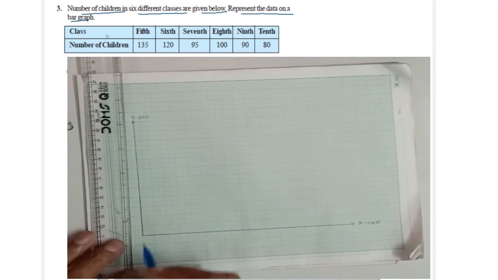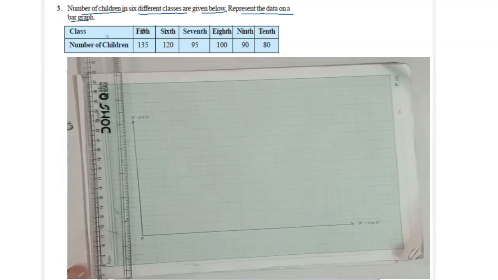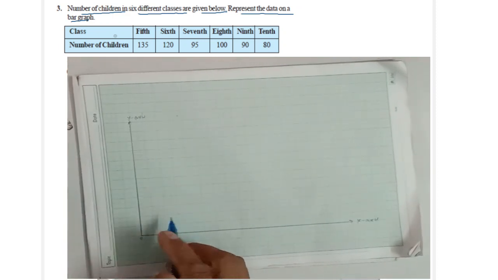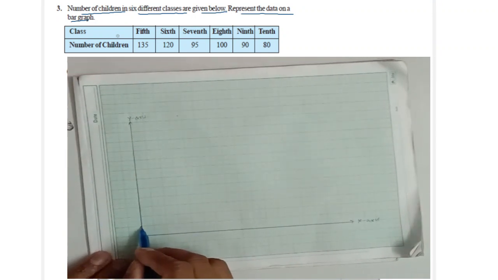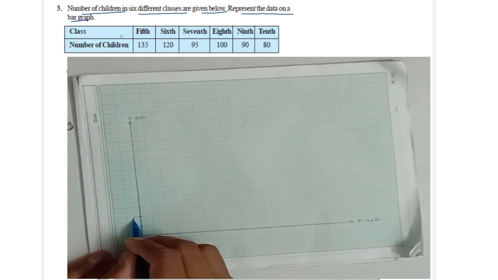Now you have to take a suitable scale. Here take 10 small divisions, that is 1 unit equal to 20 children. On the y-axis we have taken a scale of 10 divisions, that is 1 unit is equivalent to 20. Right here 20. Then next 40.